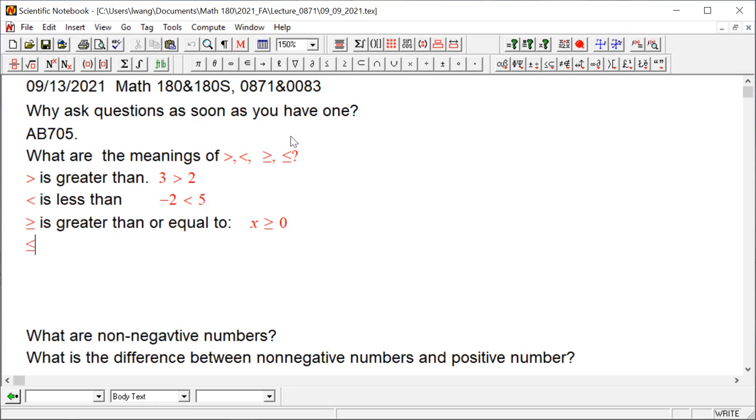Less than, this symbol means is less than or equal to. For example, I can say x is less than or equal to 0. What's the difference between x greater than or equal to 0 versus x greater than 0?